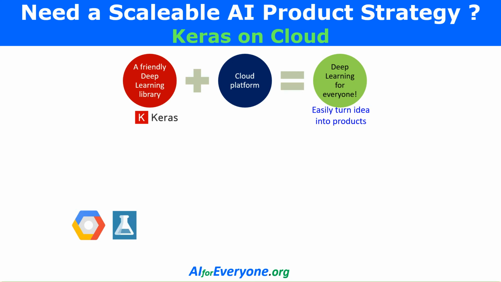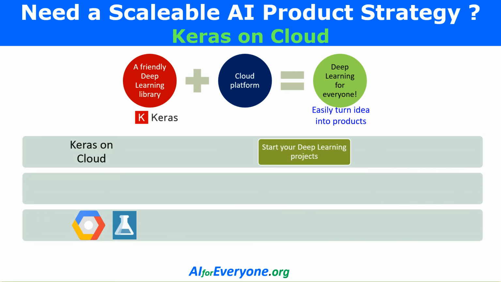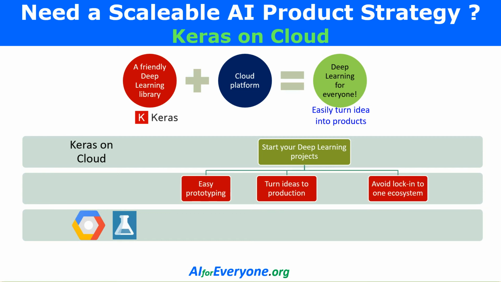Looking at a scalable product that you want to deploy for millions of customers, a library such as Keras, which is so developer friendly, combined with the power of compute on the cloud, lets you get way ahead in your deep learning journey and make the product that millions might want to use, with an accuracy that a deep learning framework can provide.